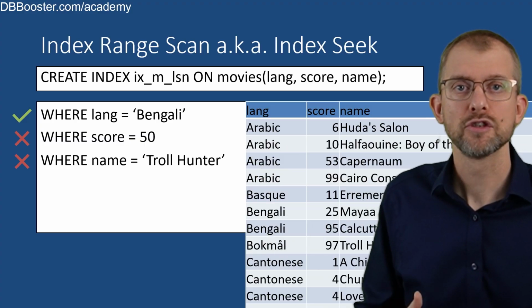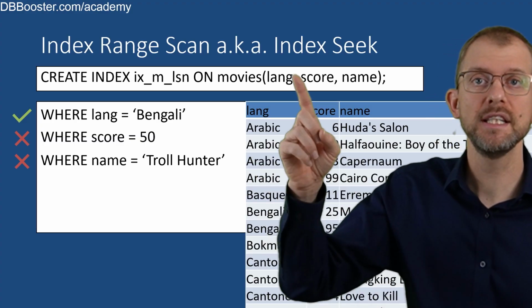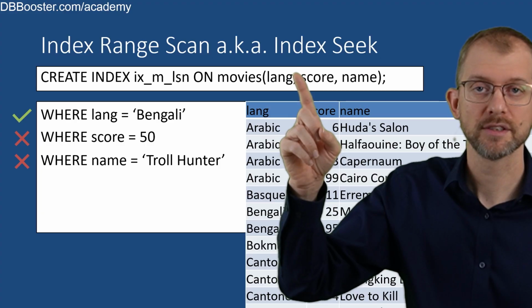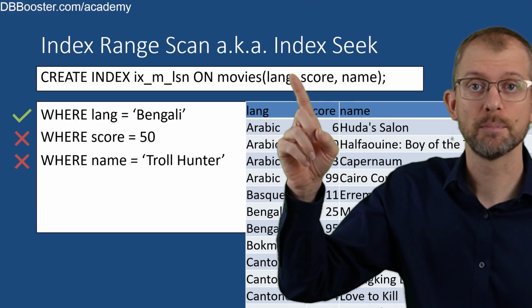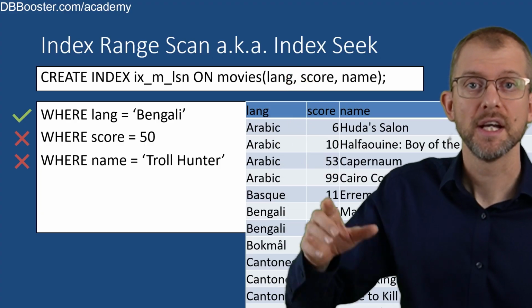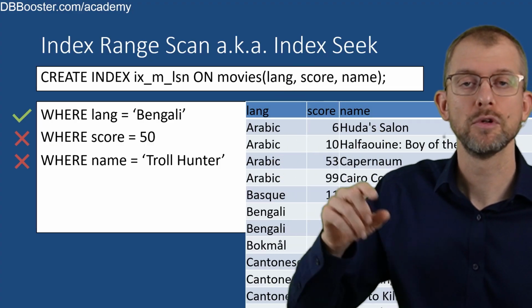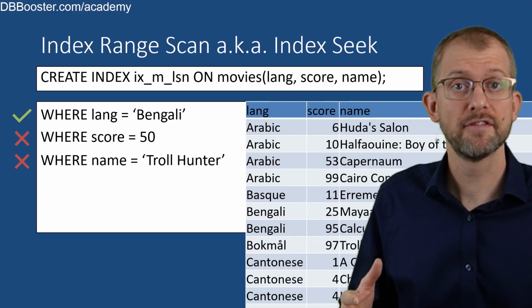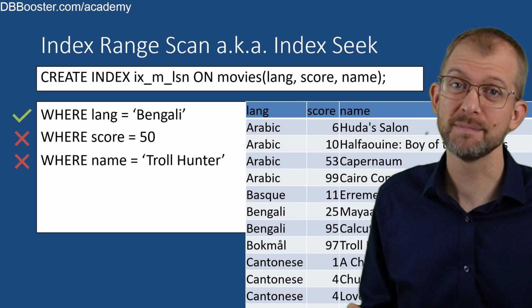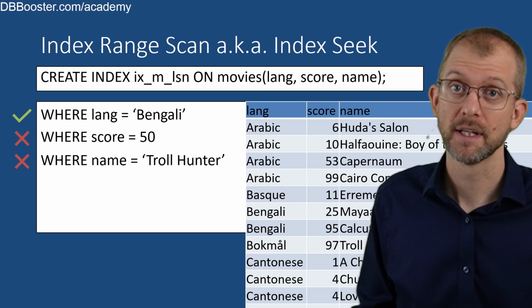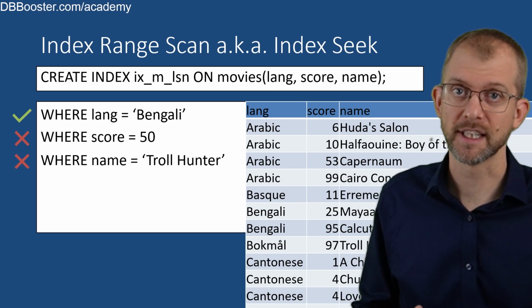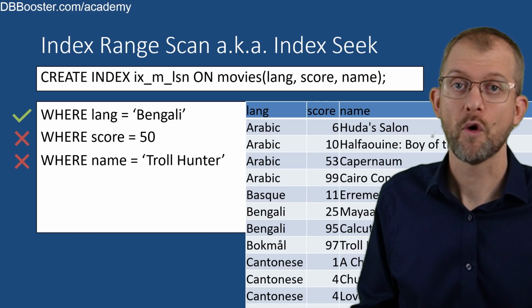That's because score and name are not the leading columns of this index. With a single equality predicate, a range scan is available only when the predicate is the first column of the index. If the first column is not used, the optimizer has two options: index skip scan, if the database supports it, or index full scan.